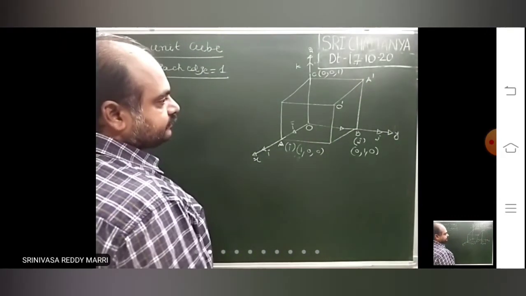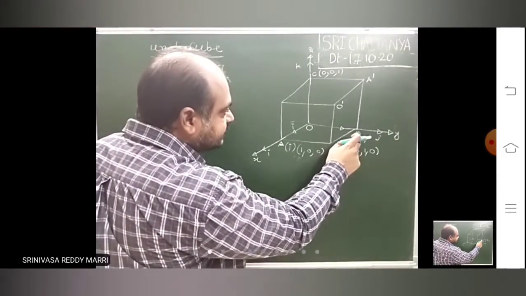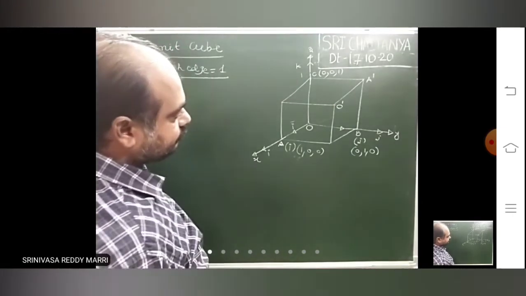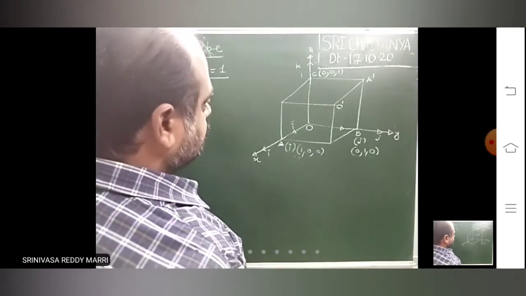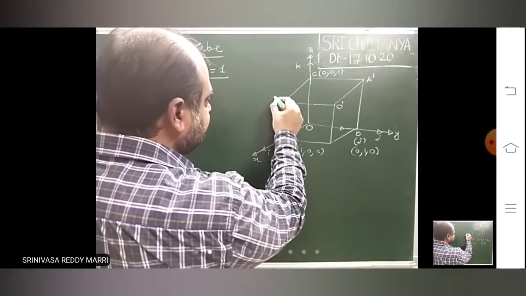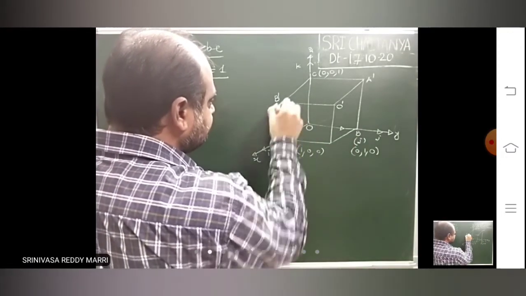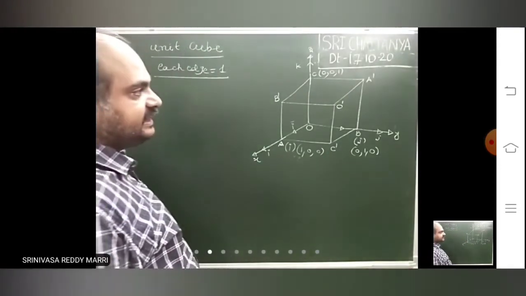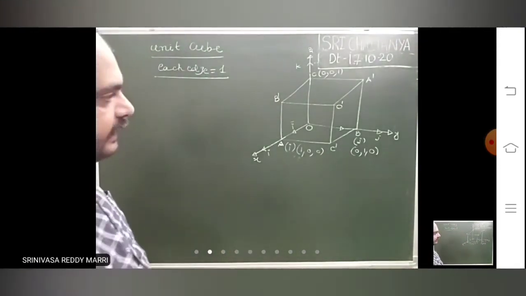B is here, B dash is exactly opposite. This is C, this is C dash.